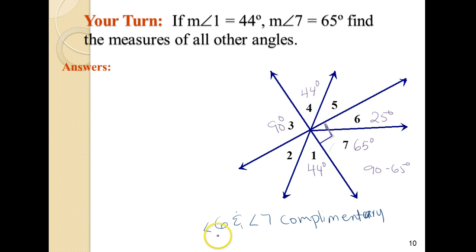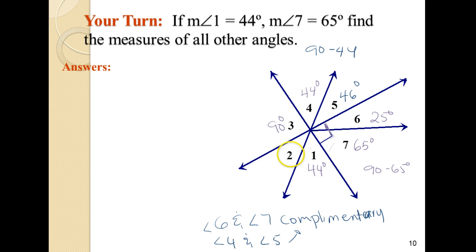And so are angle 4 and angle 5. They are also complementary. That means I need a number that, when I add it to 44, will give me 90. So all I have to do is 90 minus 44, and we have 46 degrees for angle 5.